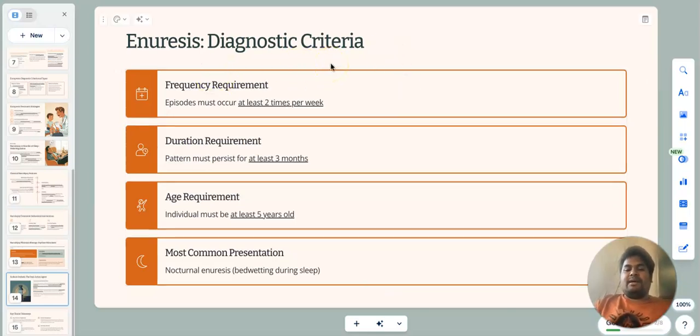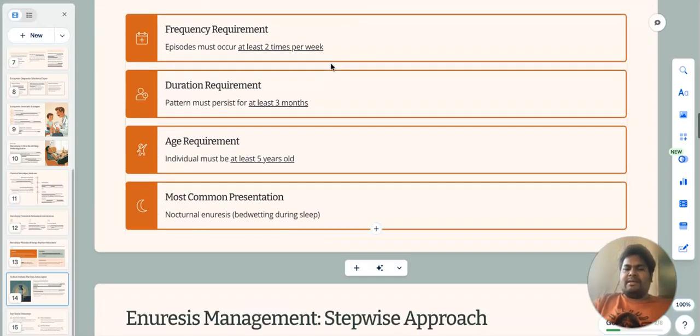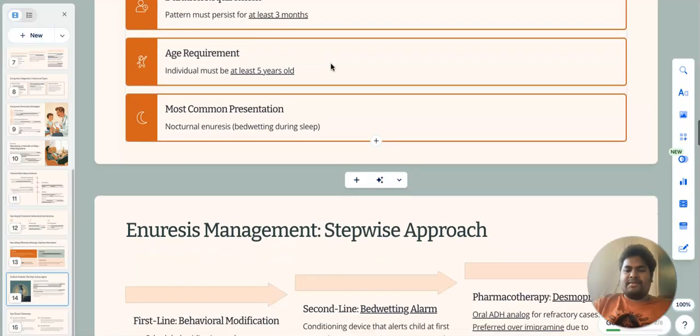Apart from the age criteria of 5 years or more, the child must bedwet at least 2 times per week for at least 3 months. Then we say the child has met the criteria for enuresis, and often there are no other organic causes for this.